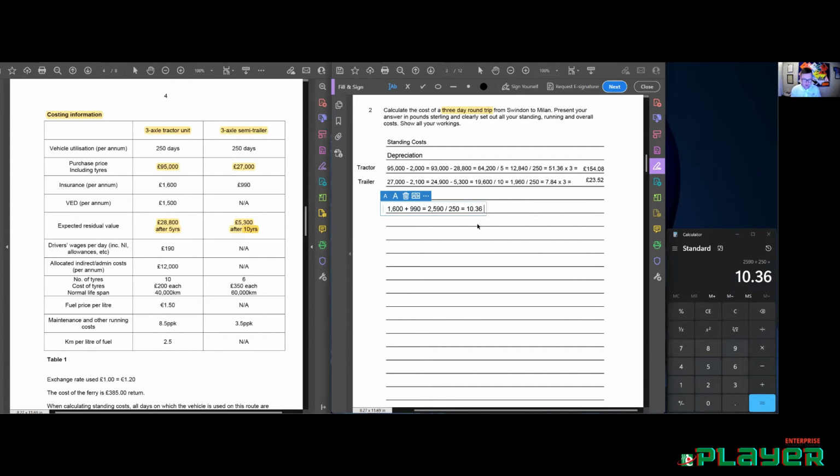And what I almost forgot to do was, as I've now got a daily cost, I need to times that by 3. So £10.36 times 3 equals £31.08. There we go, so that's insurance done.